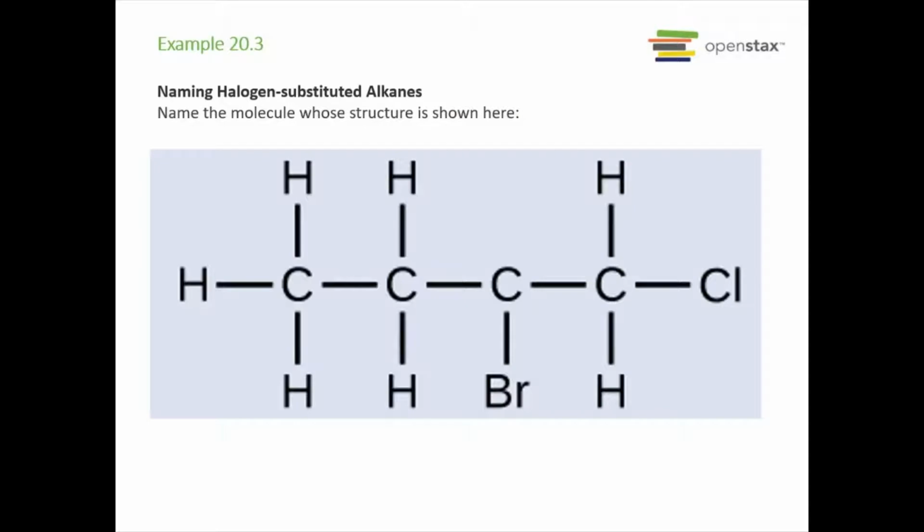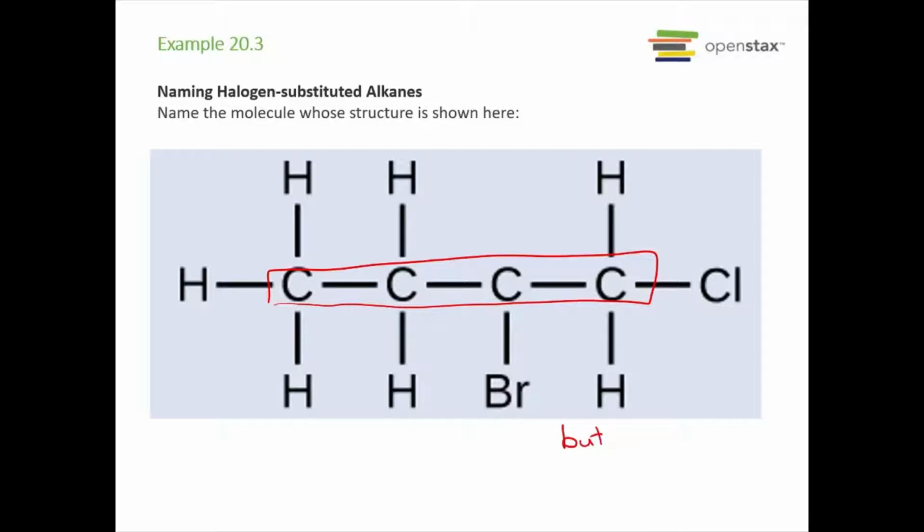So here is an example. We want to name the molecule whose structure is shown here. So the first thing we want to do is find our longest continuous chain of carbons. And we see right here we have 4 carbons in a row. There's our chain. So we have 4 carbons, meaning our prefix is but-.